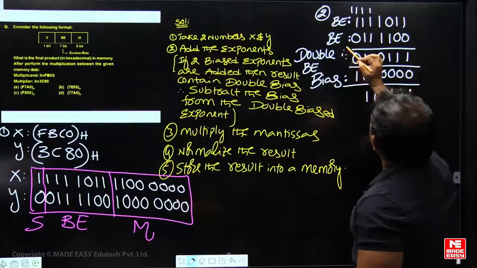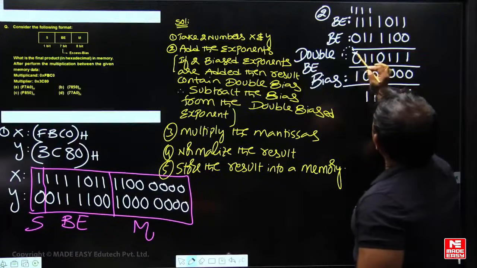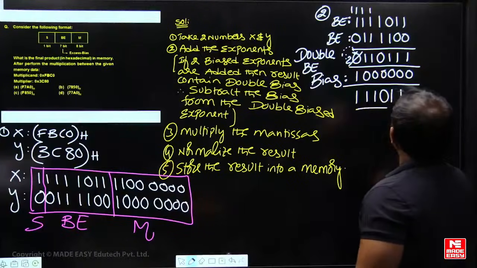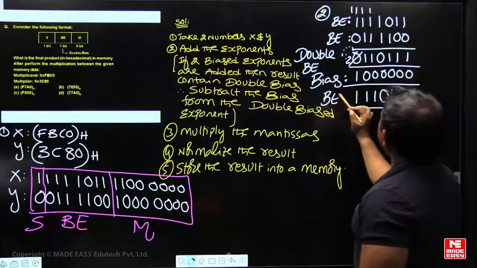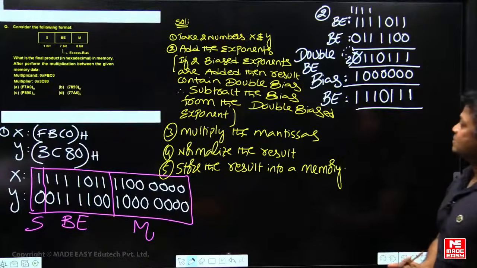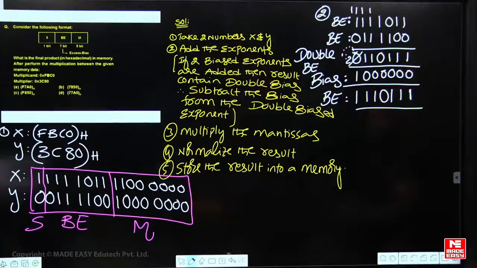Now we need a borrow. After taking the borrow, this becomes base 2, so 2 minus 1 is 1. Now this is the biased exponent.